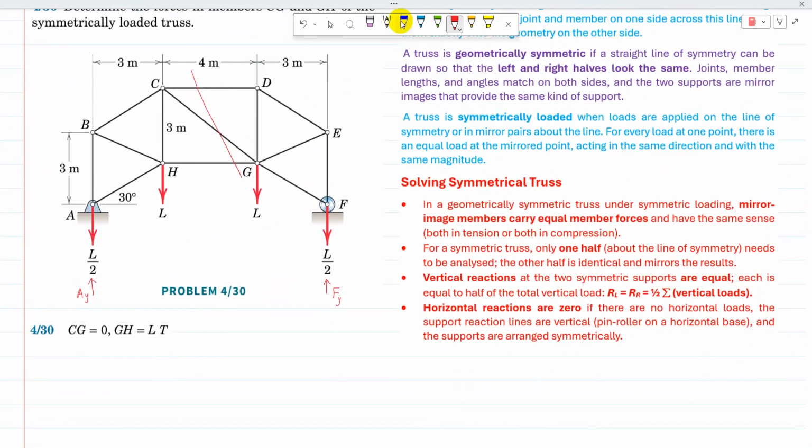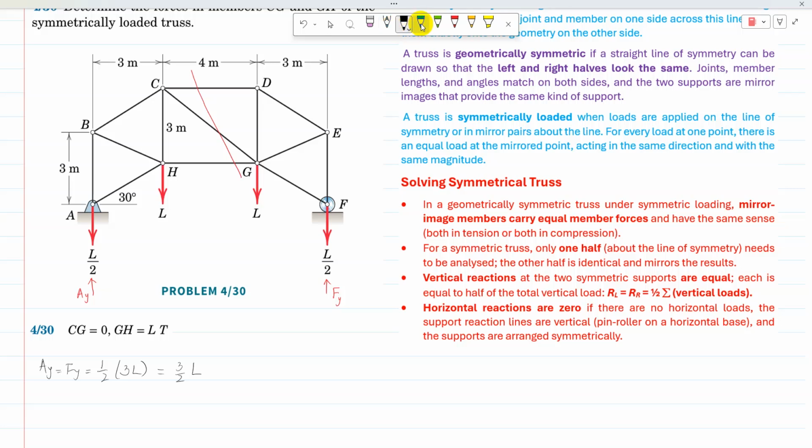In this case, Ay is equal to Fy, and that is equal to half of L/2 plus L plus L/2, that is 3L. So half of 3L, both are 3/2 L. Because all the loads are acting vertically downward, the reactions will act vertically upward.